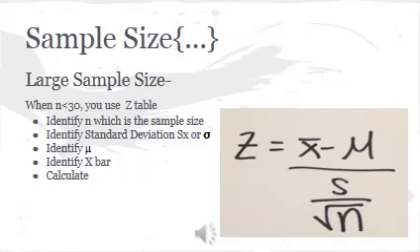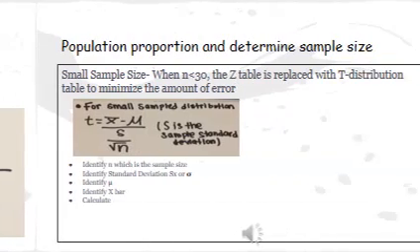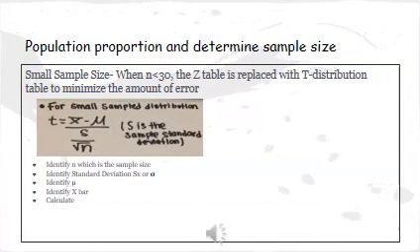When dealing with these sample sizes, we will use the equation of z being equal to the x bar minus mu divided by standard deviation divided by the square root of n. As stated before, when the sample size is smaller than 30, you will use the same equation for the z, instead replacing z with t.